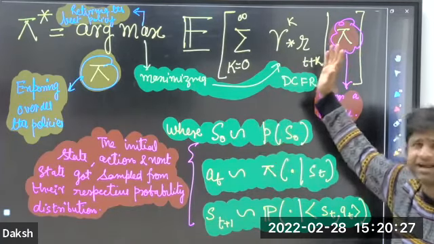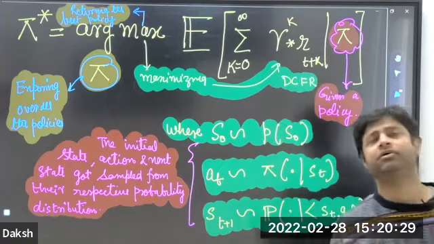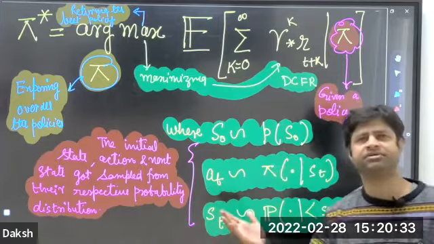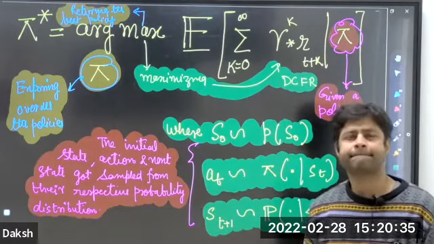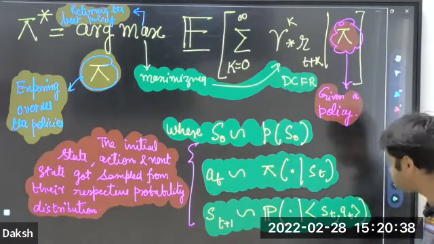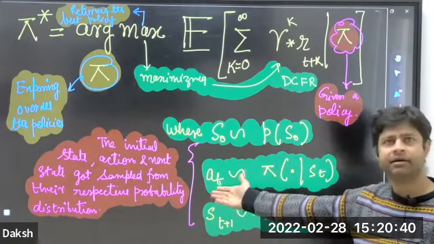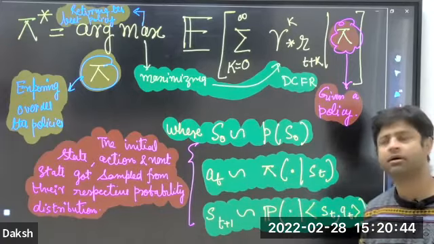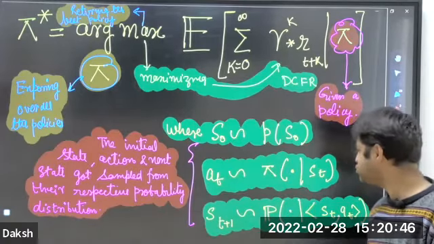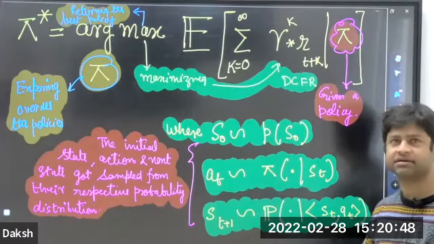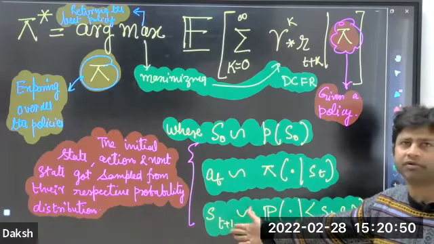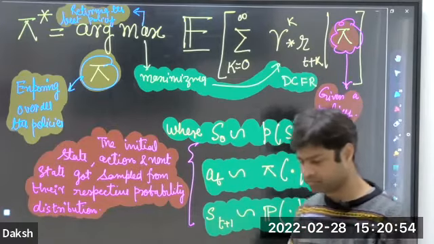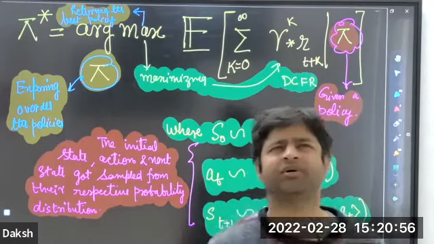Every MDP has P of S0, which is nothing but a probability distribution. A_t is going to come from your pi. S_{t+1} is going to come from the next-state transition probability of your MDP. Any question?